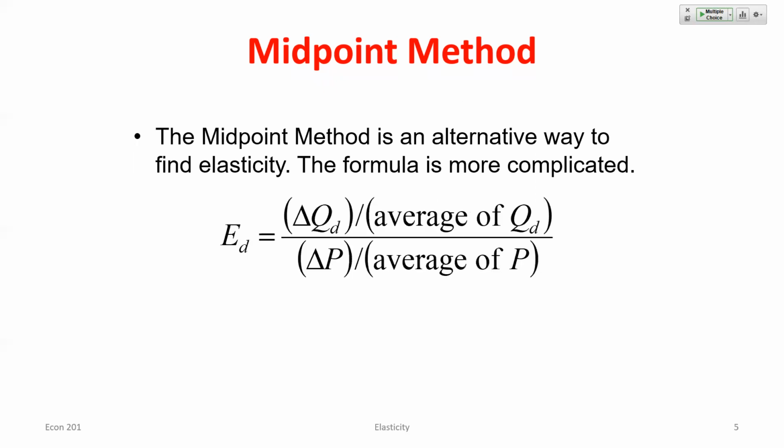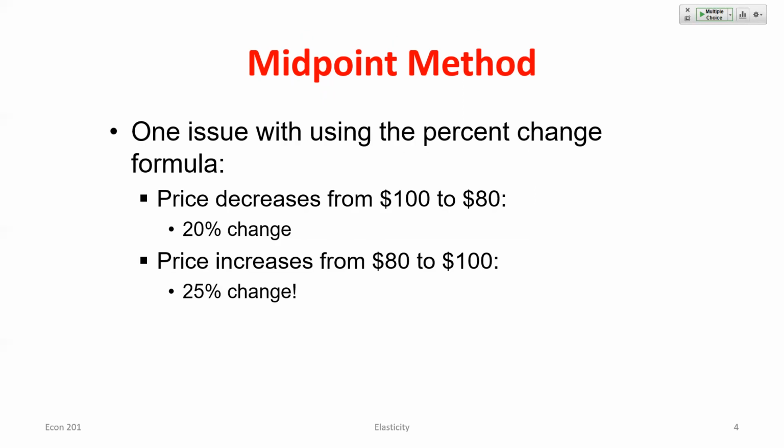So what we do with the midpoint method to get at this idea is that I'm moving between the same two prices, so I should have the same measure of elasticity there. Along that demand curve, when I'm looking at the prices from 100 to 80, I want to calculate the elasticity of the demand curve in that range between the price of 80 and 100. But I want there to be one value.